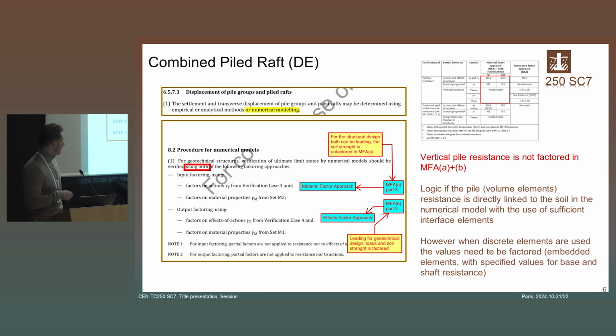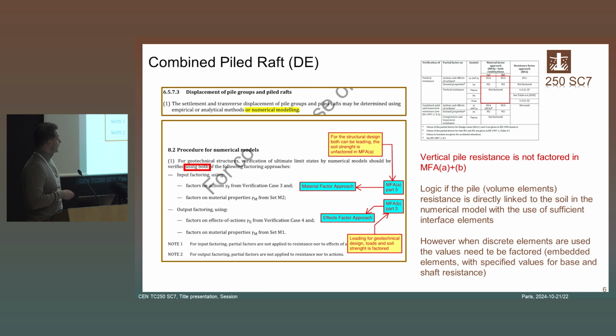And in MFA-B, your loads as well as your soil parameters are factored. So that already raises questions about why you need to do them both. He said that using MFA-A could influence the construction itself more, but from a ground perspective, MFA-B would always be leading.